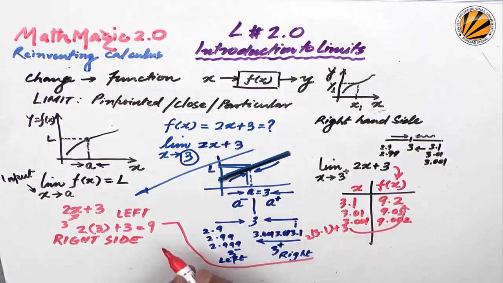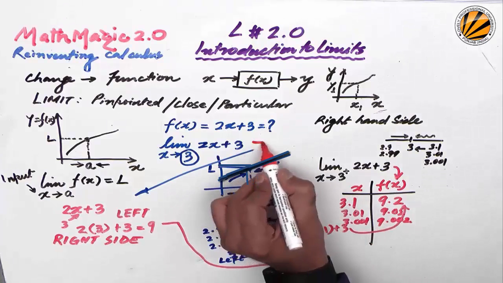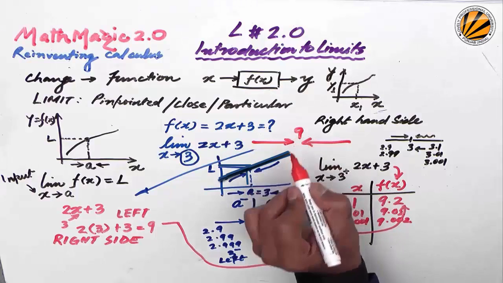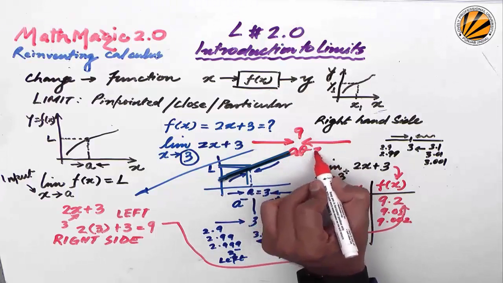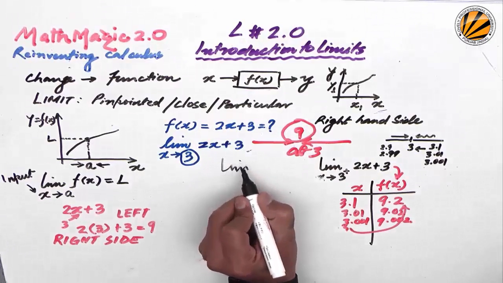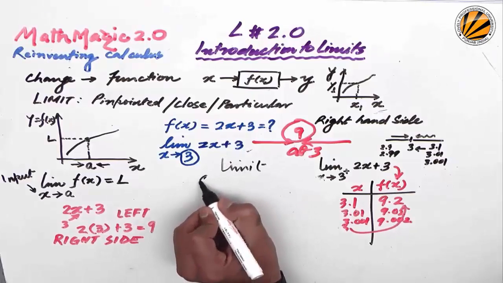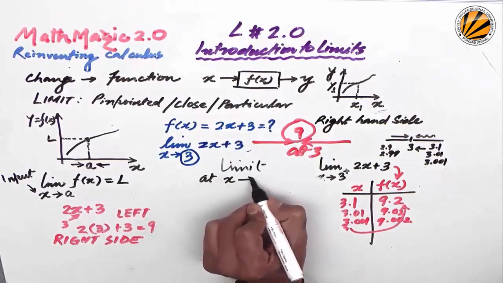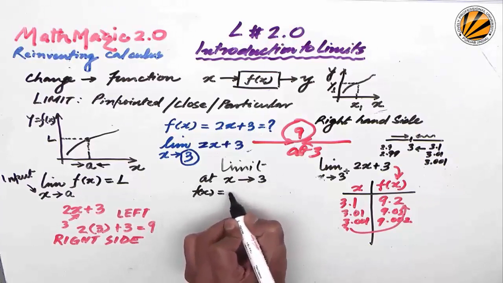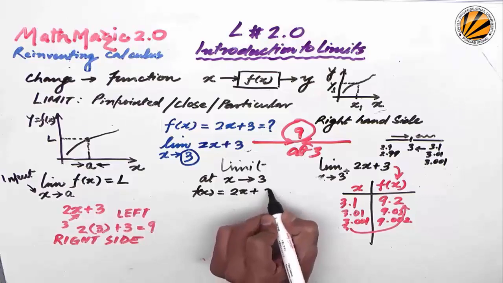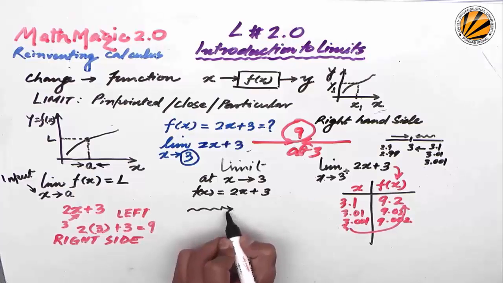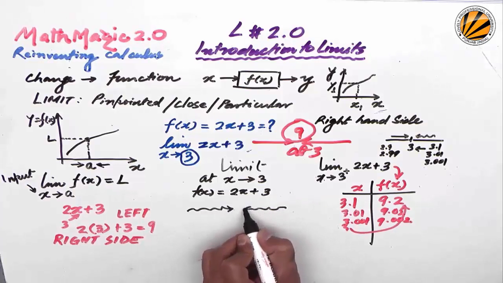So we can very well see that from the left hand side and from the right hand side, the output at 3 is approaching 9. So we look at the limit at the input approaching 3 for the function 2x plus 3.